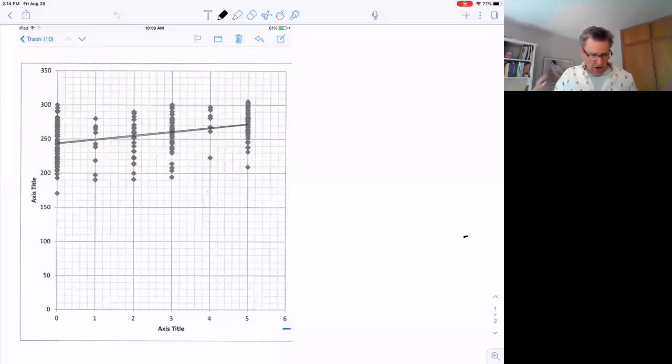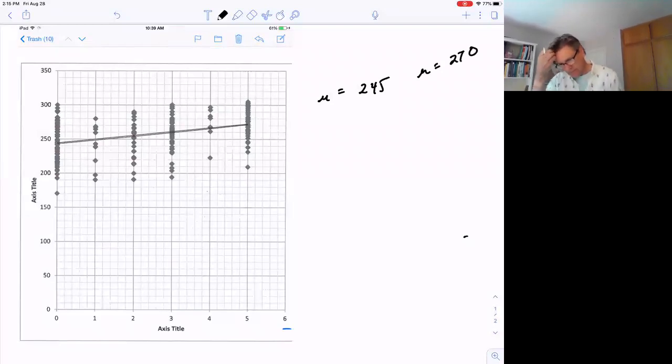The average grade of people that didn't use it at all was 245 points for the quarter. The average mean score of students that used it all the time was 270 points. But there were 5 points of extra credit that they could get for using it.